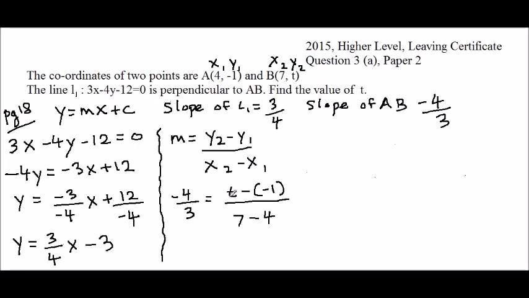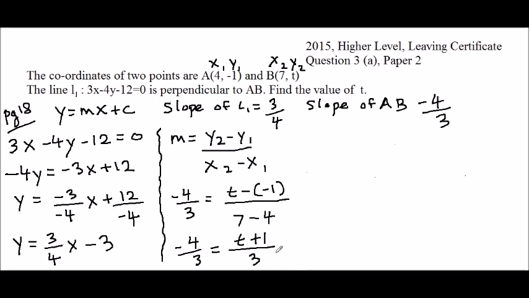Okay, so let's look at what we have. So we have minus 4 over 3 is equal to, minus by a minus is a plus, t plus 1 over 7 minus 4, which is 3.